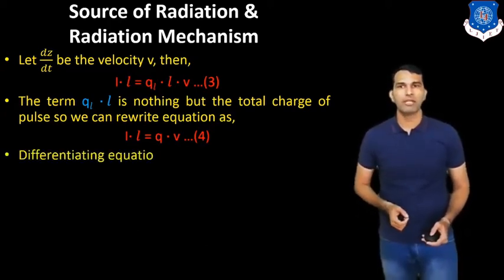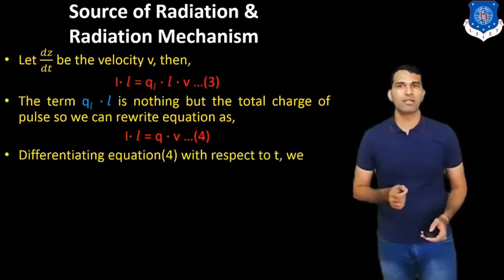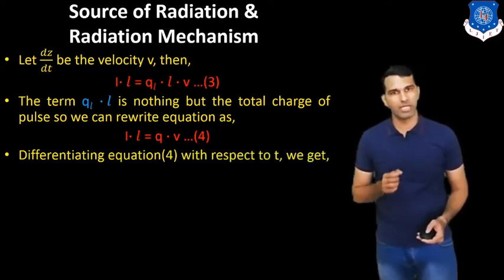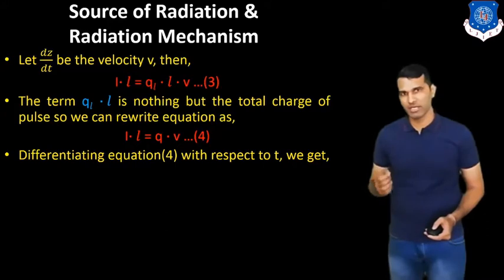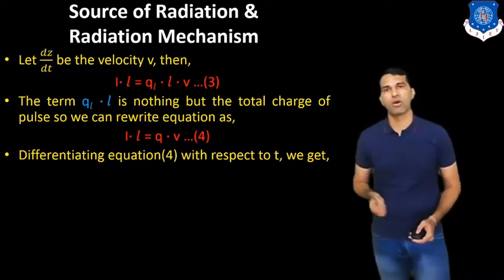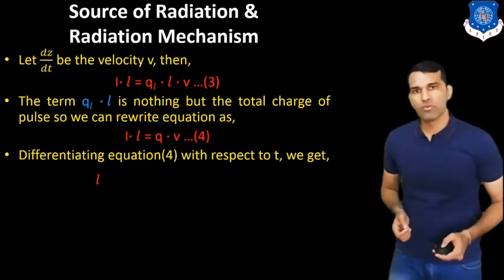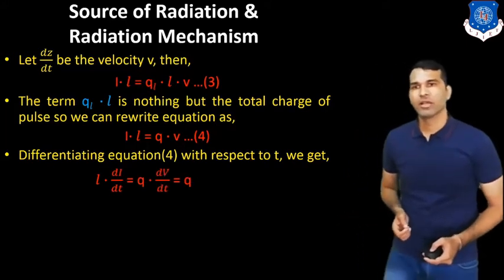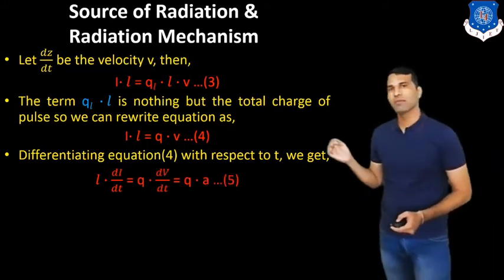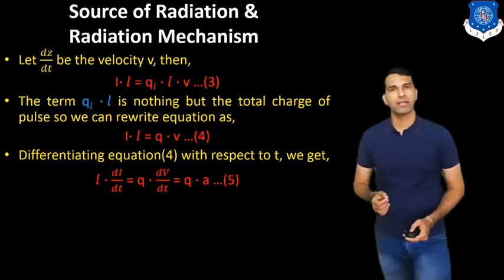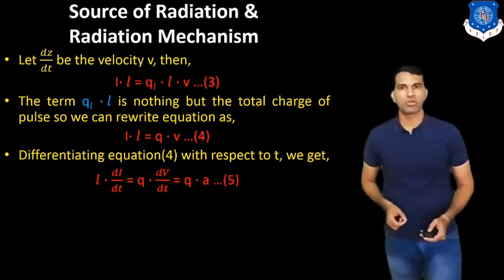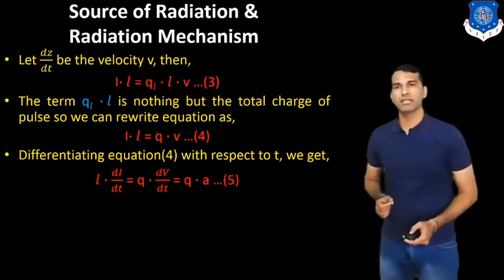Now we differentiate equation number 4 with respect to t. We get L di by dt on the left hand side, which is equal to Q dv by dt on the right hand side.